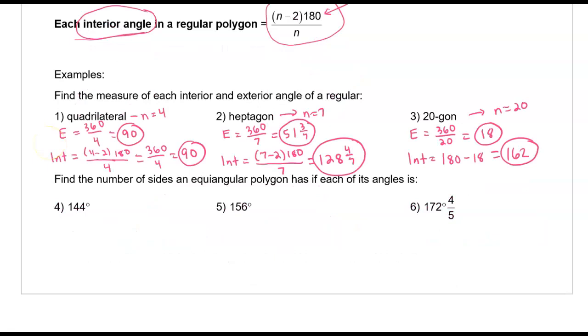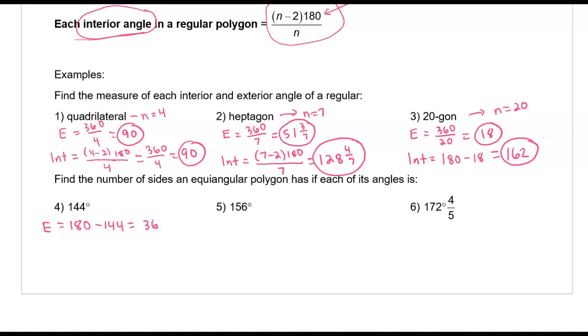Find the number of sides of an equiangular polygon if each of its angles is 144 degrees. So what I can do is find the exterior angle from this interior angle. Since the interior angle is supplementary, I can do 180 minus 144 to get the exterior angle.